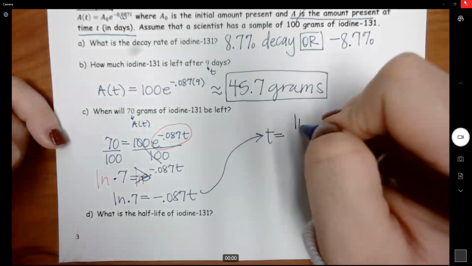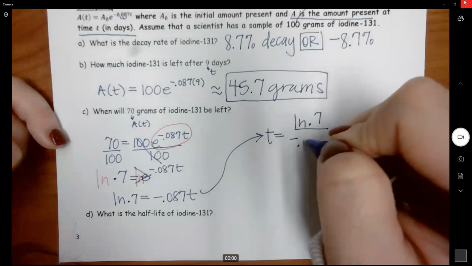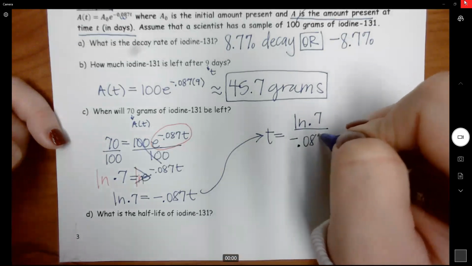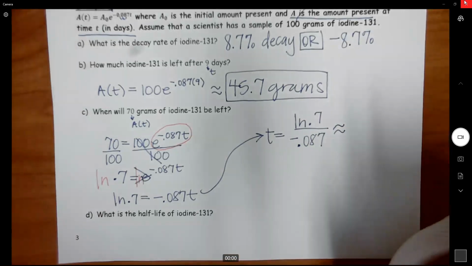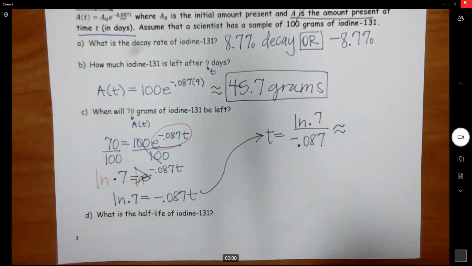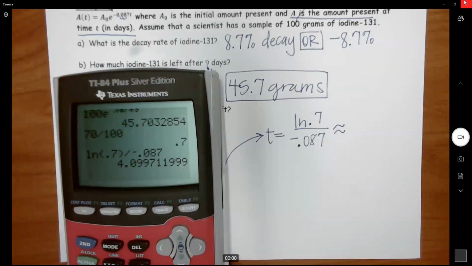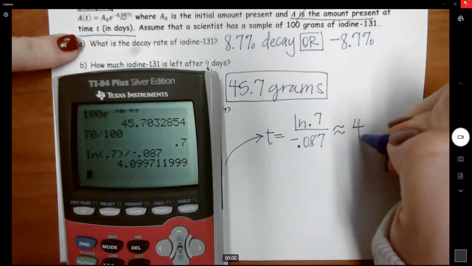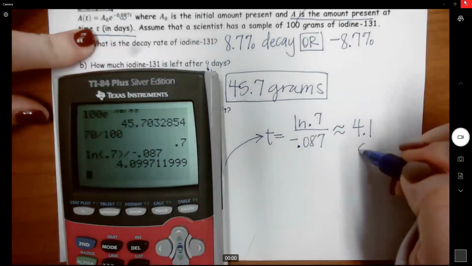So t equals the natural log of 0.7 divided by negative 0.087, which is about what? Okay, so about 4.1, and we're in units of days right here.